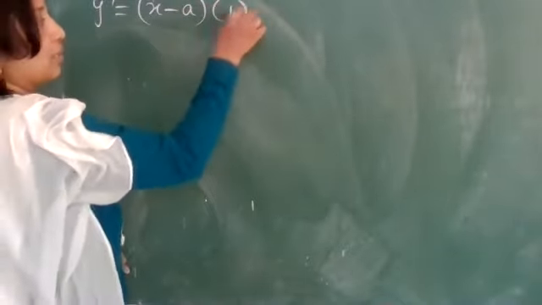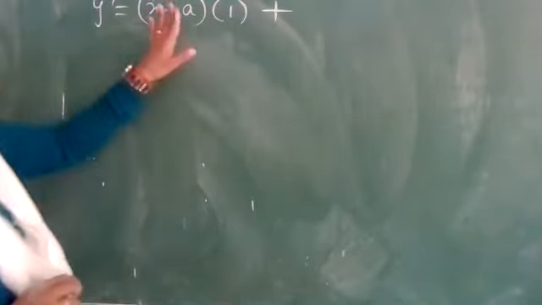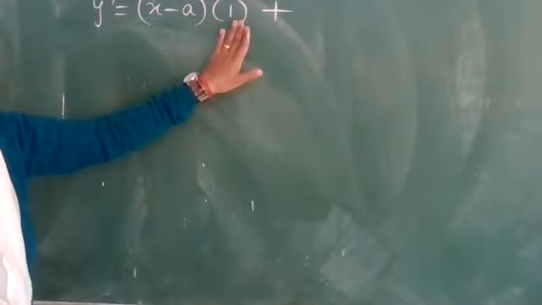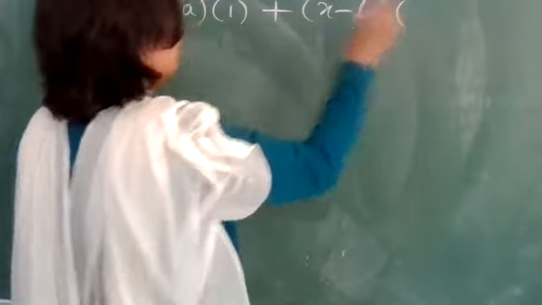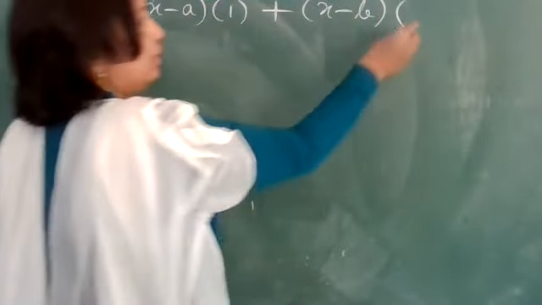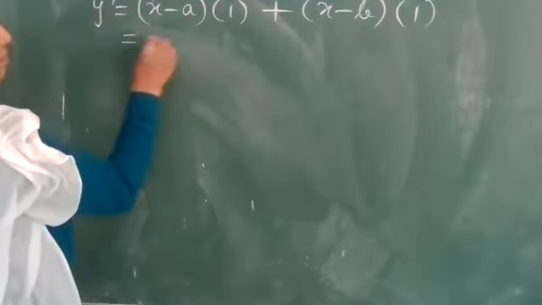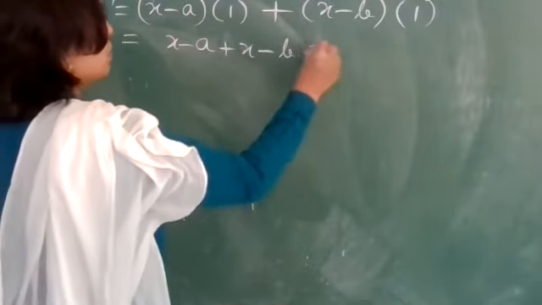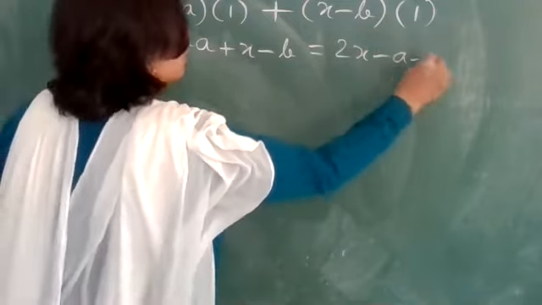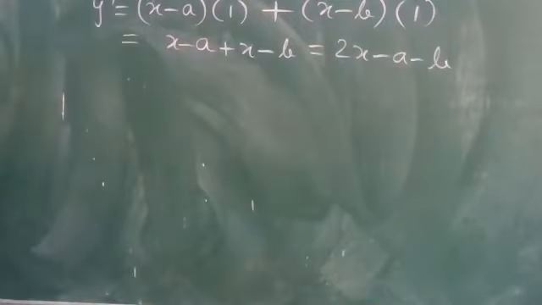So we get 1. Plus, first function as it is, derivative of second, plus second function as it is, derivative of first. और first का derivative फिर से क्या हो गया? 1. Now let's simplify. x minus a plus x minus b. So we get 2x minus a minus b. This was using product rule. हम इसको दूसरी तरह से भी कर सकते हैं.